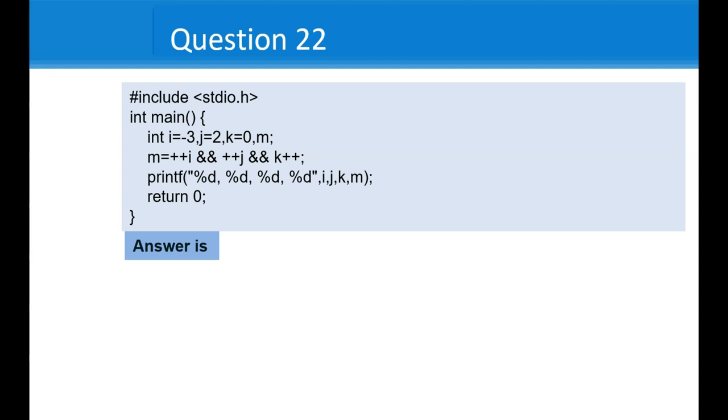So given that 1, 1 and 0 is there, the value of m will be 0 because it's a logical and, and only if all three are 1 will it be 1. Here the value of k is 0, so m stays at 0, right? But the remaining values are the same as the last question: -2, 3, 1. The value of k becomes 1 in the next statement when it executes the printf. Before that the value is 0. That's why the value of m becomes 0.